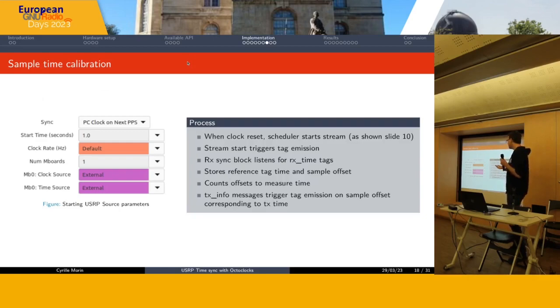And one way to do that, using just the GRC parameters that we have, is to have at first the clock synchronized to the PC time, which is like many hundreds of thousands of seconds, and ask the USRP to start streaming at second one, which is in the past, so it never does it.